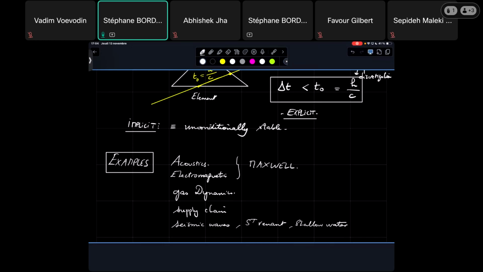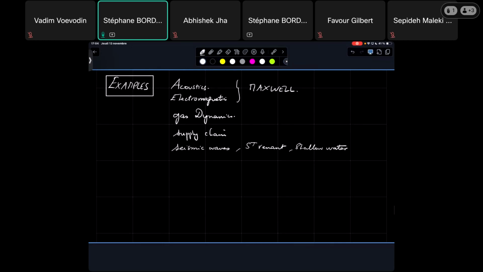Okay, now let's look a bit at parabolic equations, which are a bit of a mixture of those two, because you will have a diffusion term, but you will also have a time dependence.